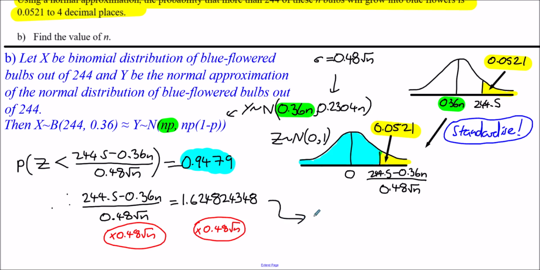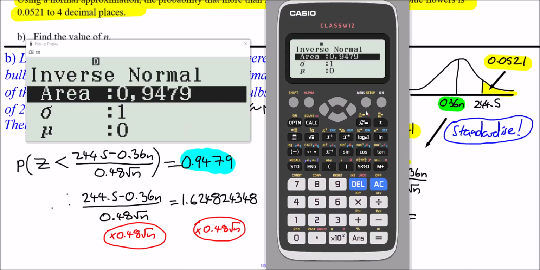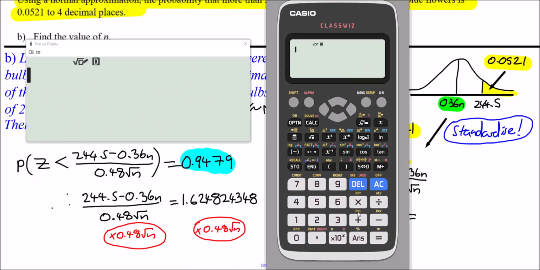then I get 244.5 minus 0.36n equals this number here multiplied by 0.48 root n. So I take this value, which will be stored if I go back to the normal mode.